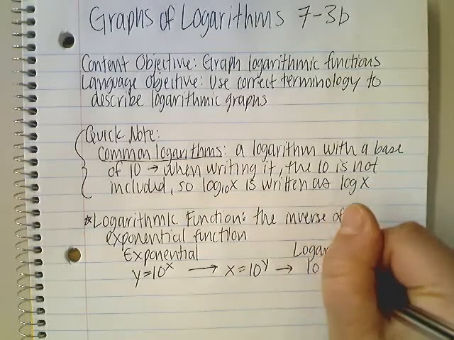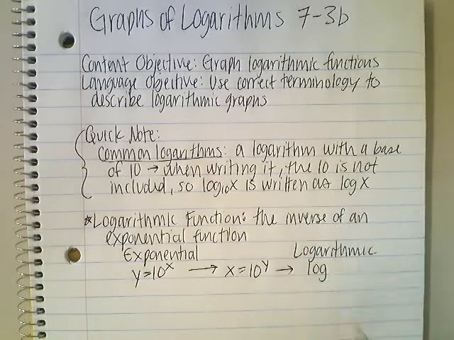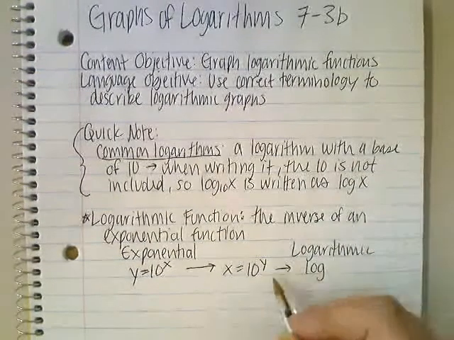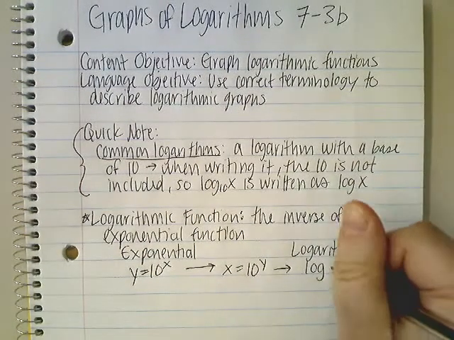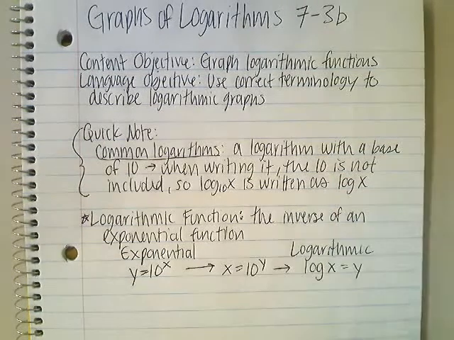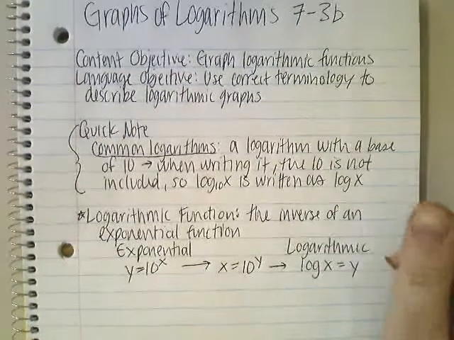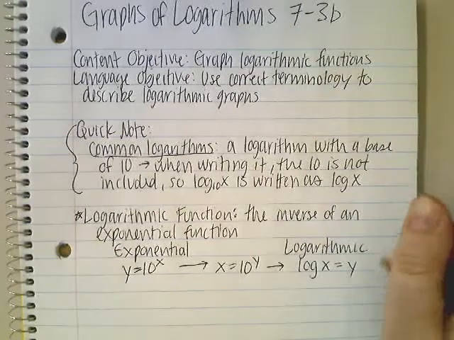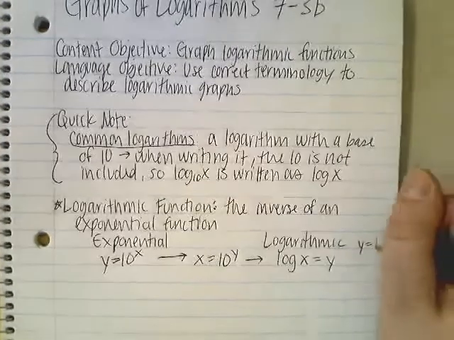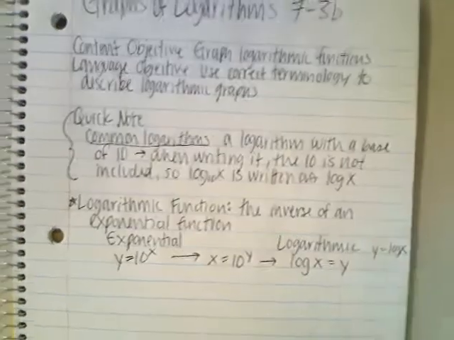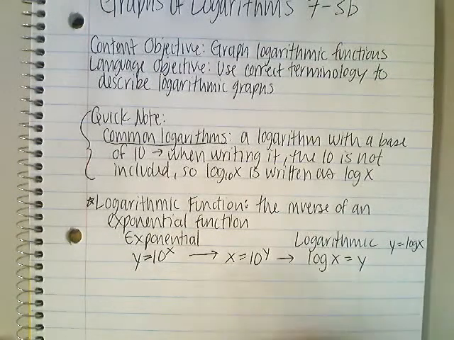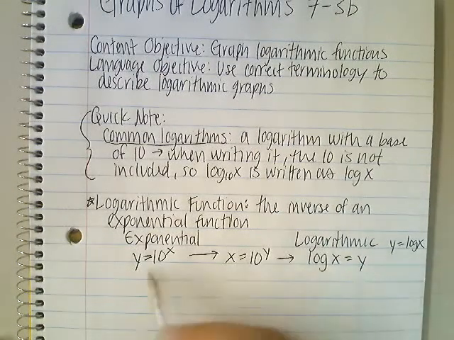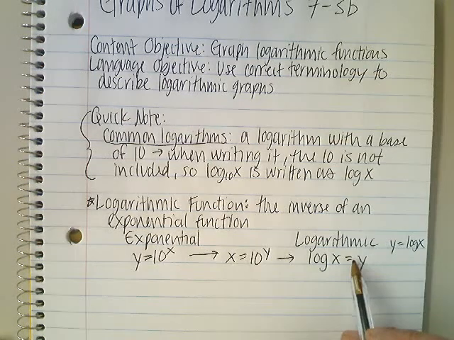So I have just log, and then a base of 10, which as we know, I don't need to write, of the argument x equals the power y. So my logarithmic equation becomes y equals log x.